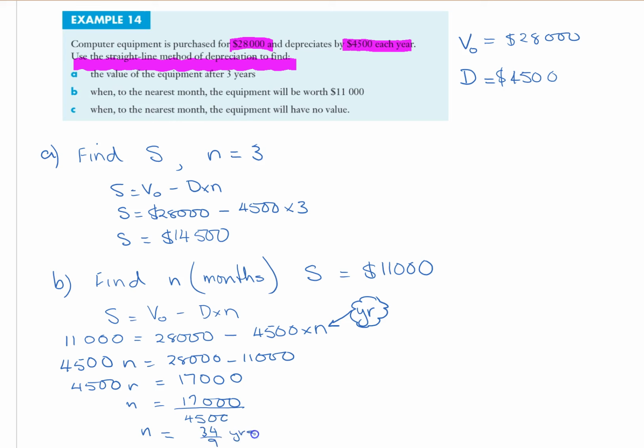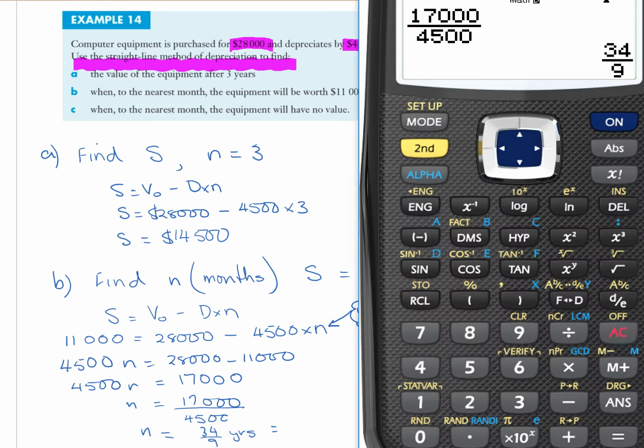Now, hopefully you all know that to convert years to months, you multiply by 12. Let's go back to the calculator. 34 on 9, multiply it by 12, and we get this many months.